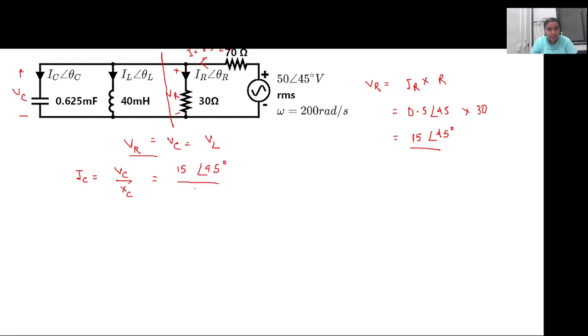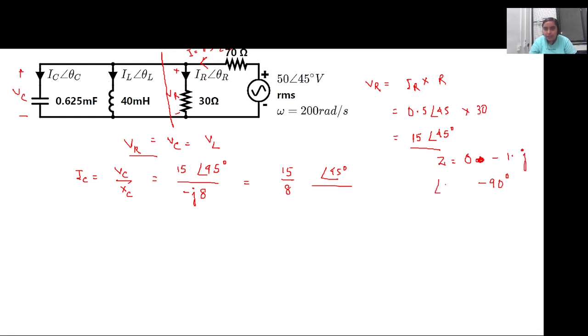Now what is XC? We had calculated it to be minus j into 8, right? Now if we calculate this in polar coordinates, it is 15 by 8, and the angle is 45 degree. Now minus j can be written as minus 90 degree, because let's say Z equal to 0 minus 1 into j.